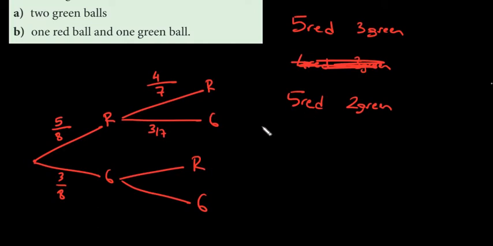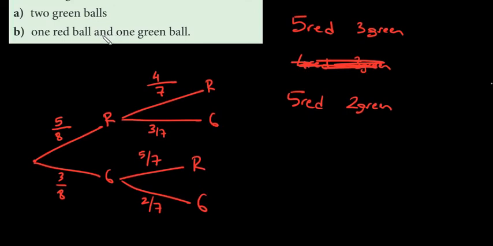What's the probability? 5 reds over the total number of balls, 7. And 2 over 7 is going to be the probability of getting a green ball in the second try. Is there any question you want to ask in this diagram? No.